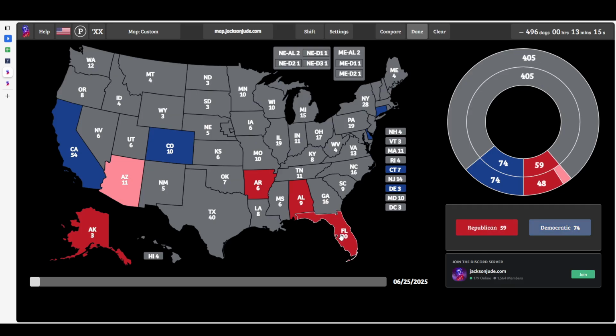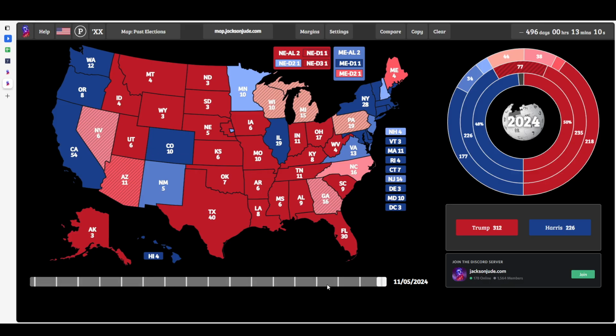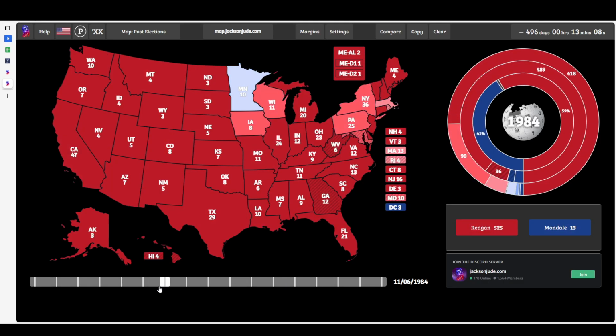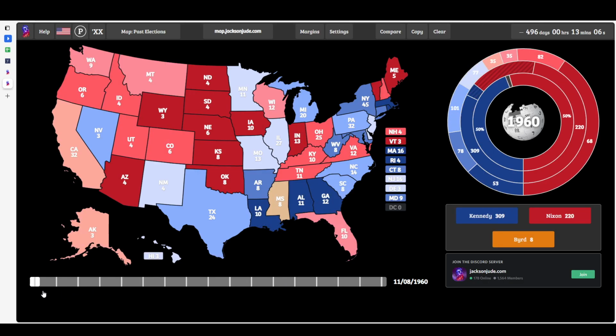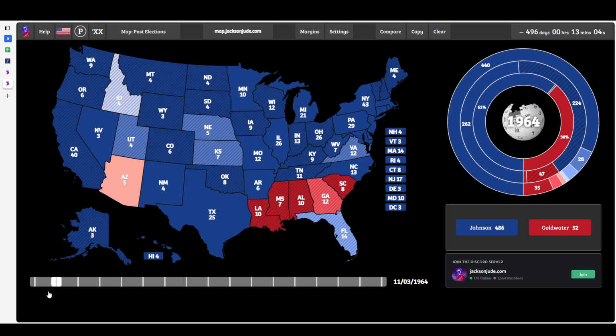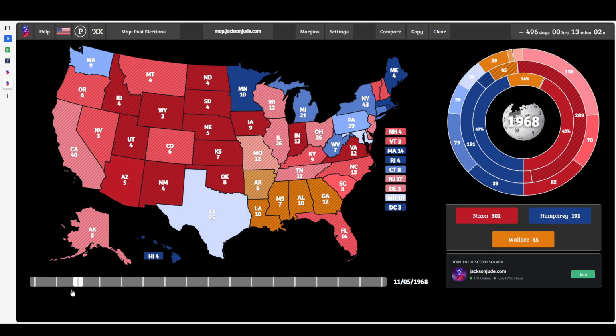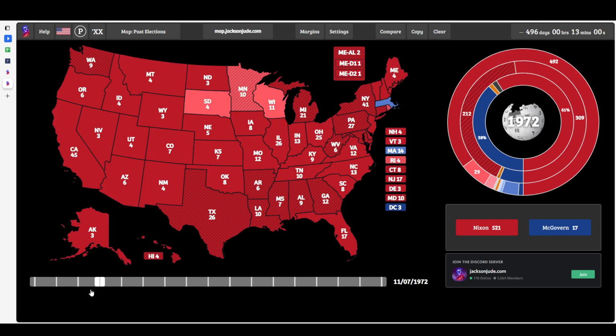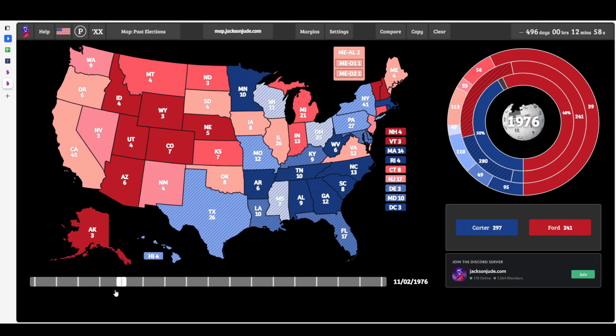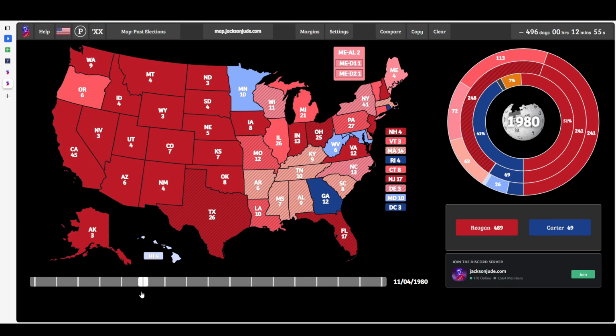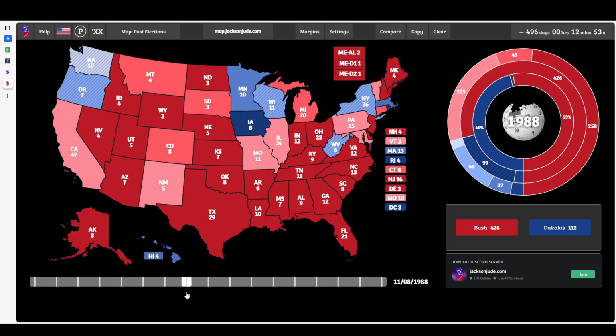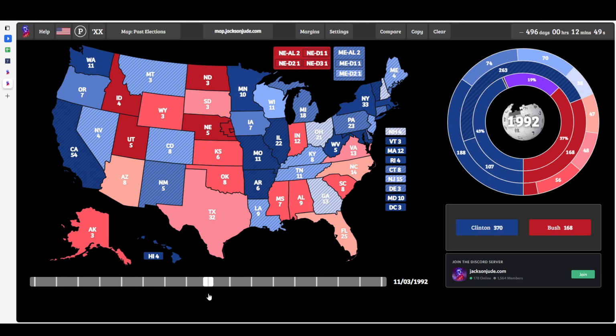That was once a strong swing state that was contested election after election. It was by typically narrow margins. I mean, going back here, you had 1960, 64, it flipped. 68, it flipped. 72, 76, it flipped. 80, it flipped. 84 stayed. 88 stayed. 92, Clinton narrowly lost it.